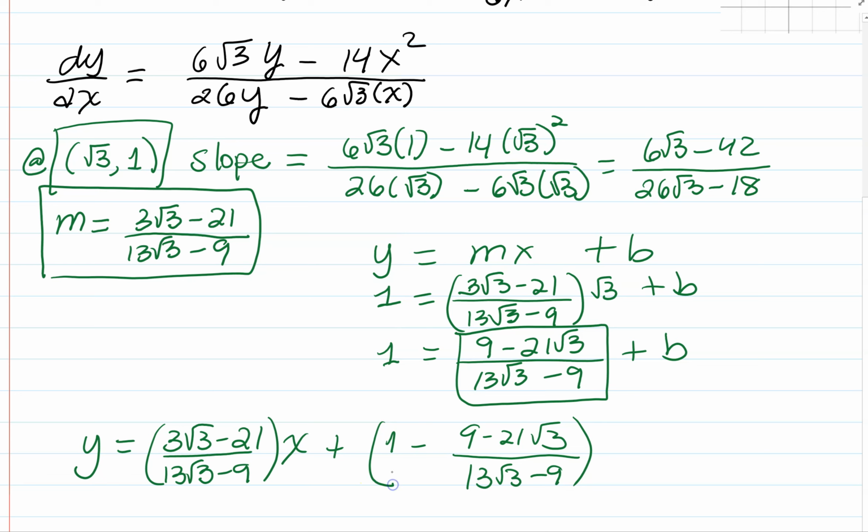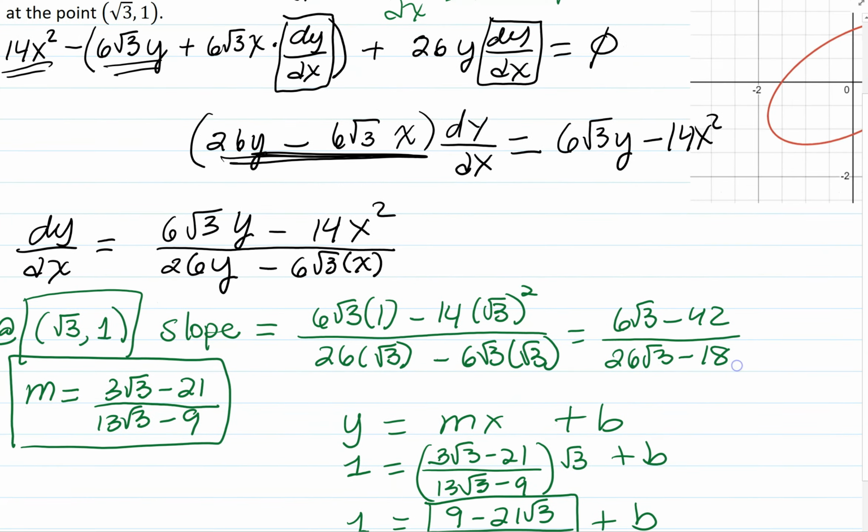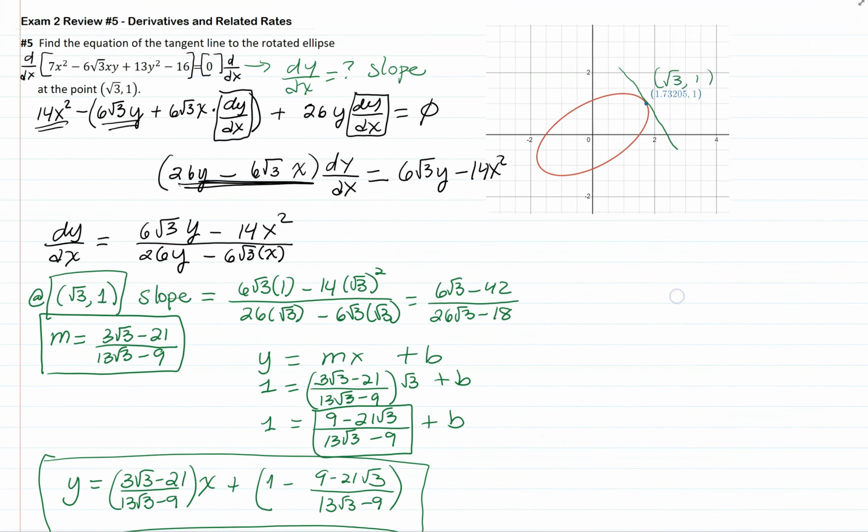And that is b right there. So that is the equation of the tangent line. Not very nice looking, but it's doable. And the concept here is we are looking at implicit differentiation in order to find the equation of the tangent line. And that is the equation of that green line. Not very nice.